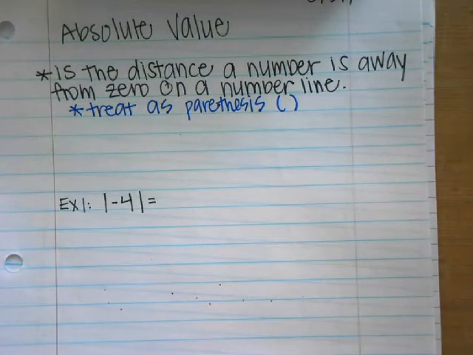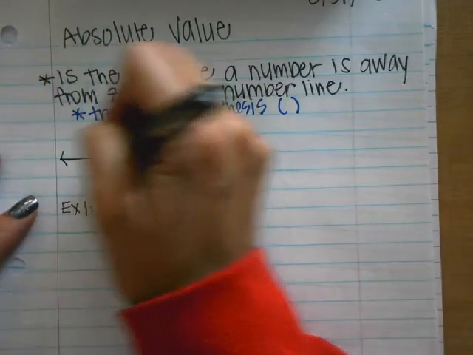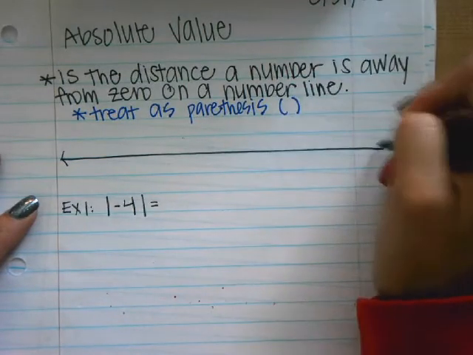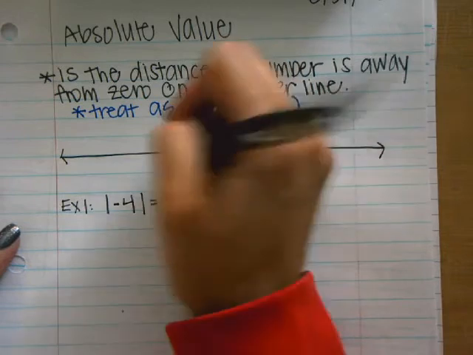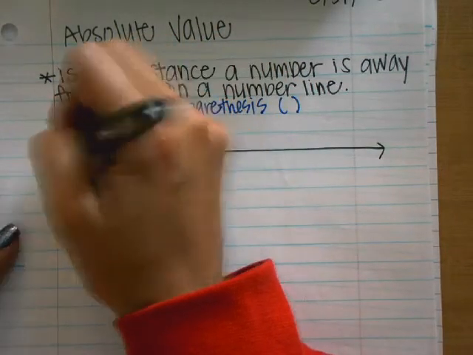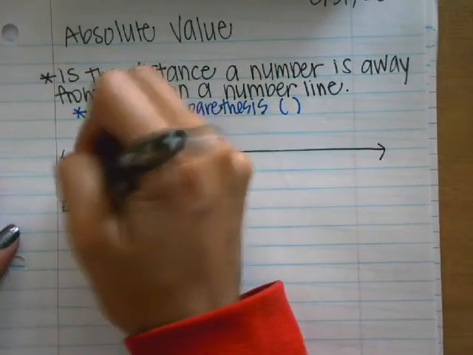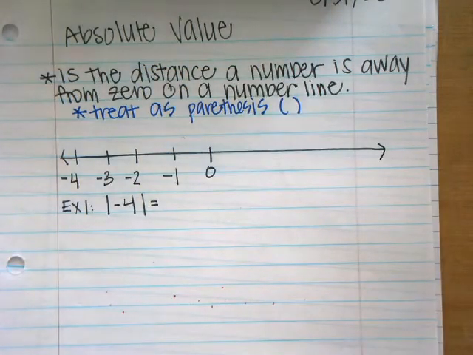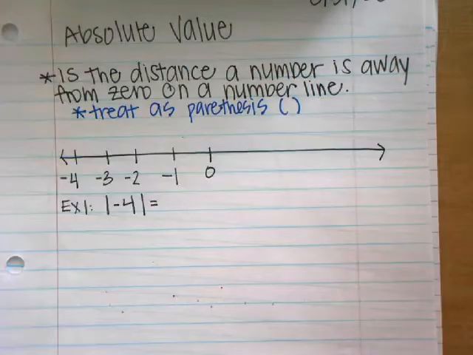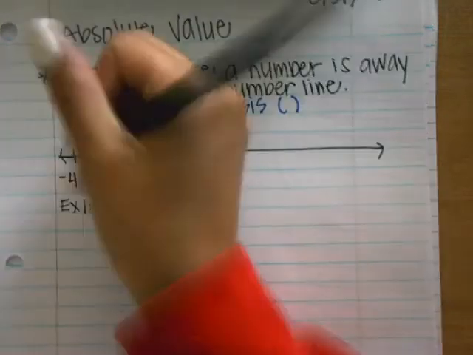So this is the one and only time I'm going to make you draw a number line. It's the only time I'm going to make you. Got it? All right, so let's draw a number line. Put 0 in the middle, and then tally it out to -4. Put a dot on -4, just like you're graphing it.